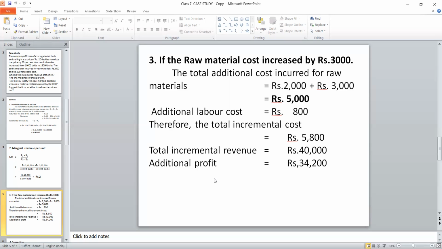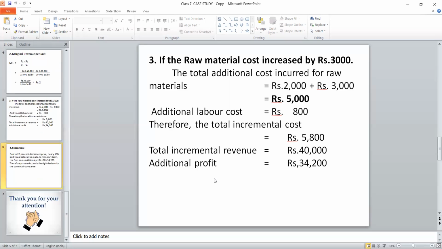So totally the incremental cost is 5,800. In the first question we calculated the incremental revenue, it is 40,000. The difference between 40,000 and 5,800 is 34,200. So when there is an increase of 3,000 rupees in the raw material, the firm can earn 34,200 only.